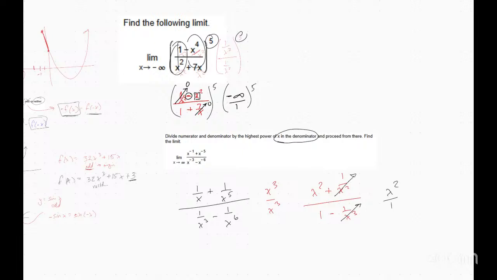This problem is saying divide the numerator and denominator by the highest power, but what do they mean by the highest power of the denominator? I think the highest power would be -3, because that's higher than -6 since they're both negative.